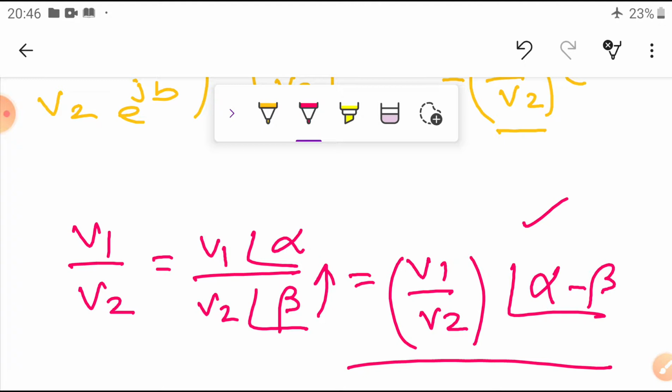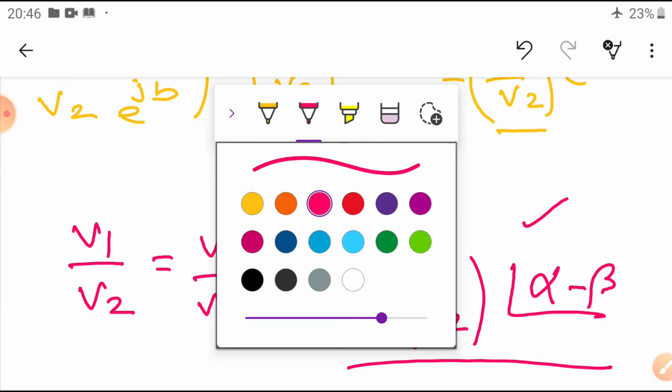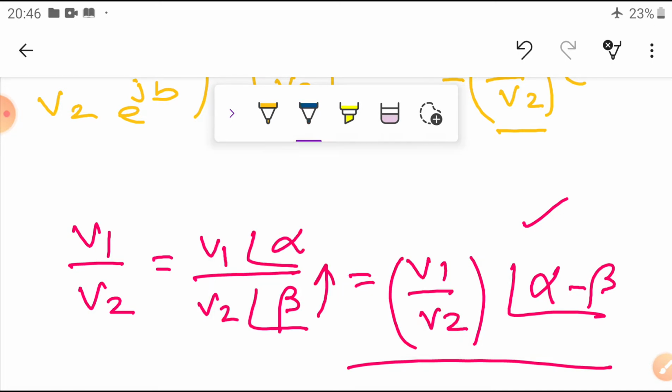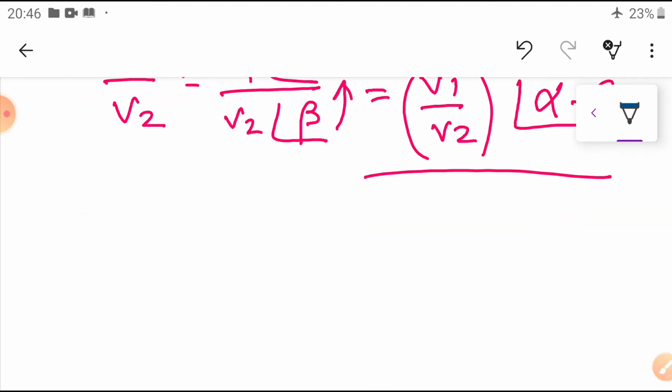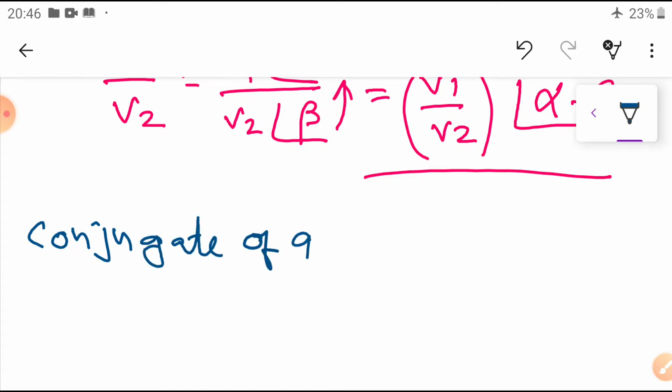Okay. Next is a small topic, that is the conjugate of a complex number. What is the conjugate, sir? This is also very important, dear students, while doing the power calculations in our power system. So what is the conjugate of a complex number?